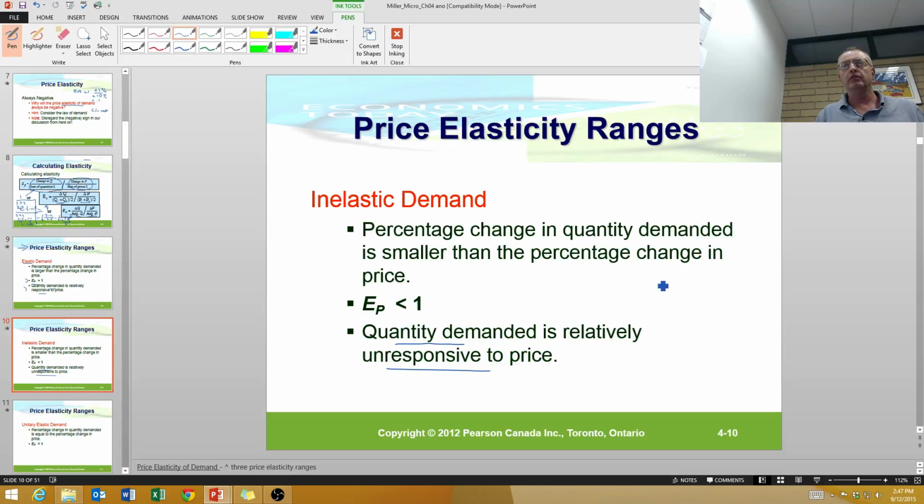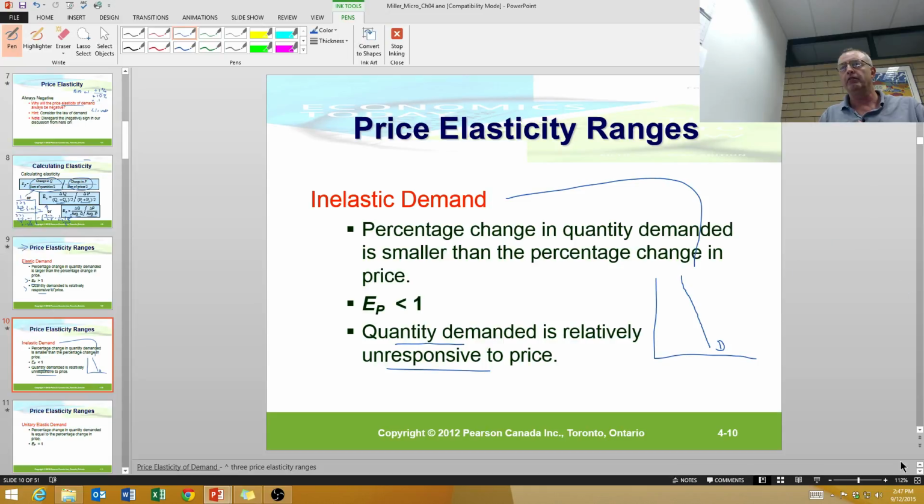I should have drawn this diagram on the last slide, but I'm giving you a heads up here on how these things work. When you have a relatively inelastic demand curve, the demand curve tends to have a fairly steep slope. Negative, yes, but steep.